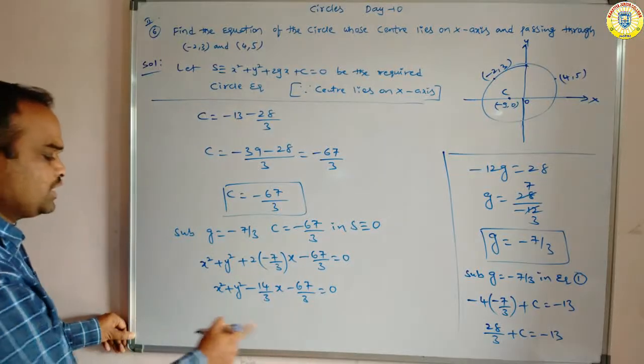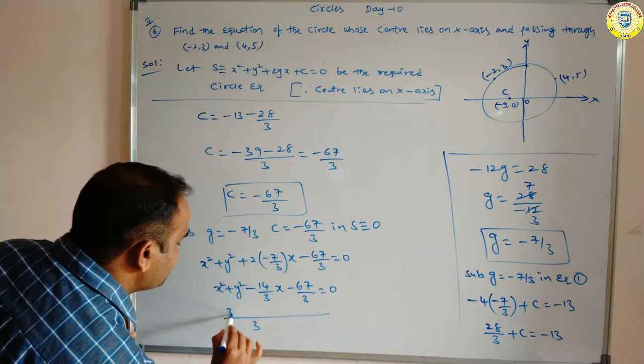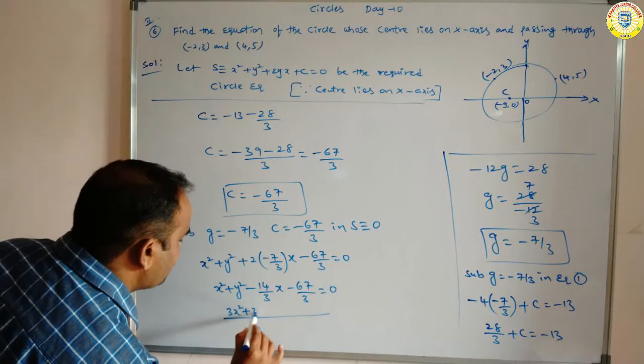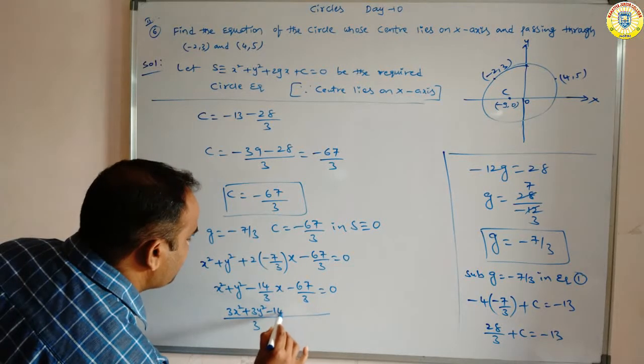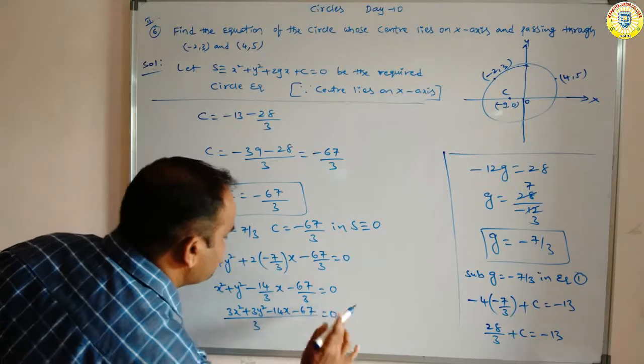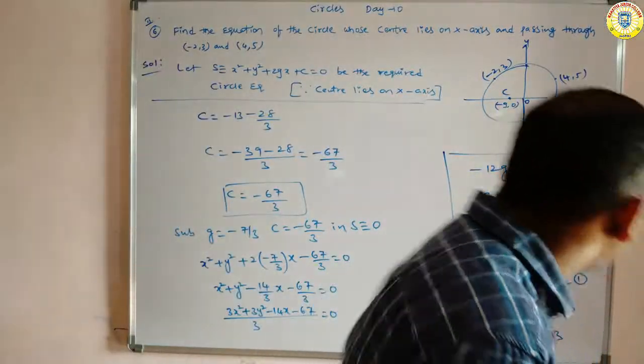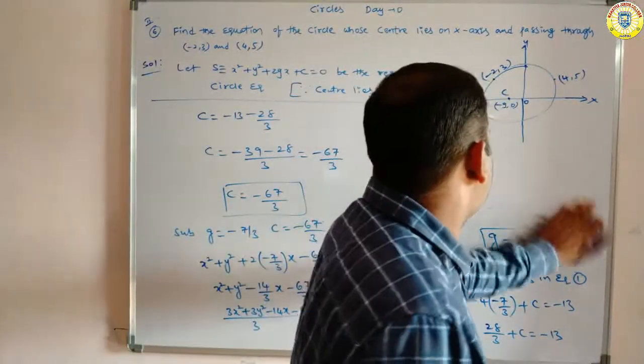Now we are taking the LCM. What is the LCM value? 3 is the LCM. That is nothing but 3x square plus 3y square minus 14x minus 67 is equal to 0. So 0 into something is 0.